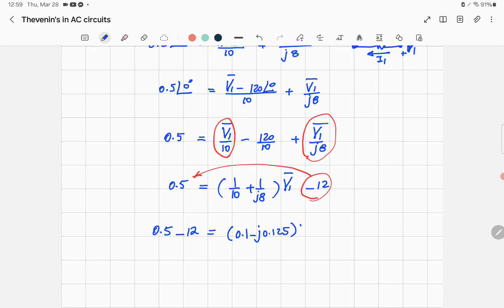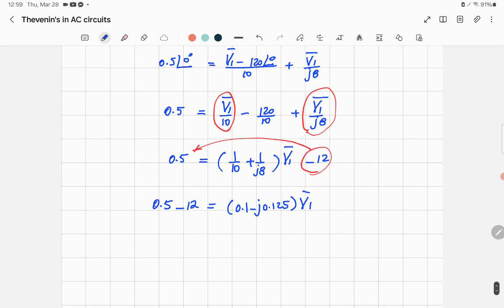It is very simple to find V1. Minus 12 when you move it there will be plus, right? So you have 12.5 equal to 0.1 minus j 0.125 times V1.